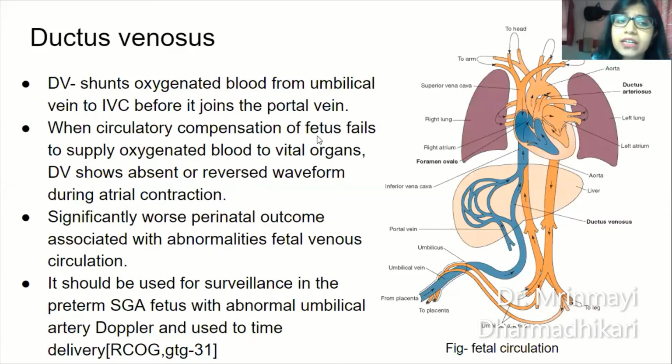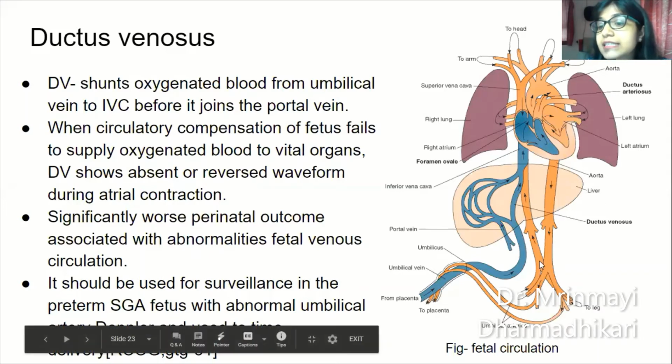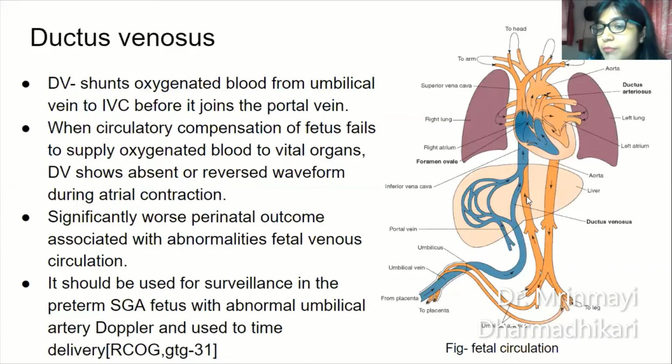Now, what happens when the compensatory measures of the fetus in response to decreased blood supply, when these measures also fail, what happens? There is decreased returning blood in the inferior vena cava. So the pressure in the inferior vena cava starts falling. When this pressure starts falling, with every right atrial contraction, there will be backflow of blood.